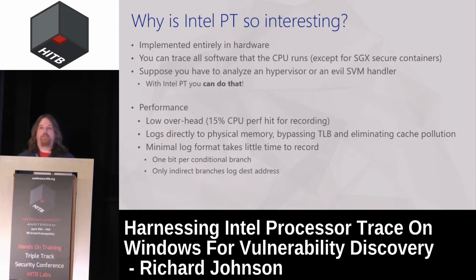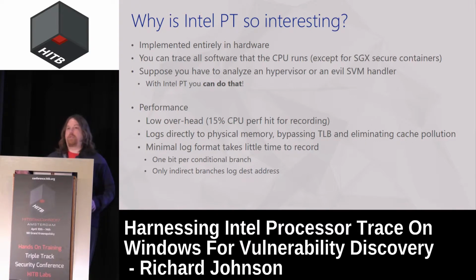It's available in VMX mode. No hypervisors actually expose this feature yet, but we're working on that. As of last week, it works. But most importantly, the performance is really good. So the overhead that you see with this is 15% to cover everything going on in your system.